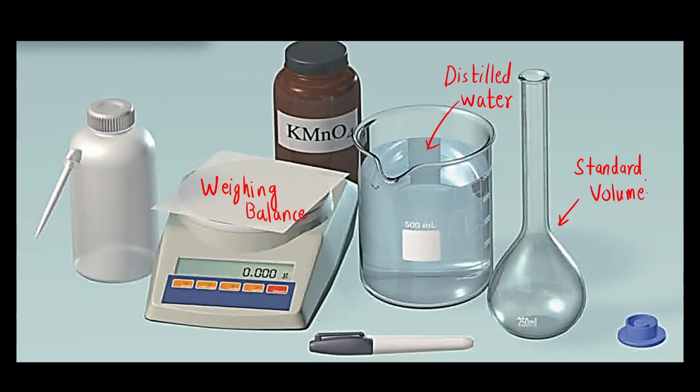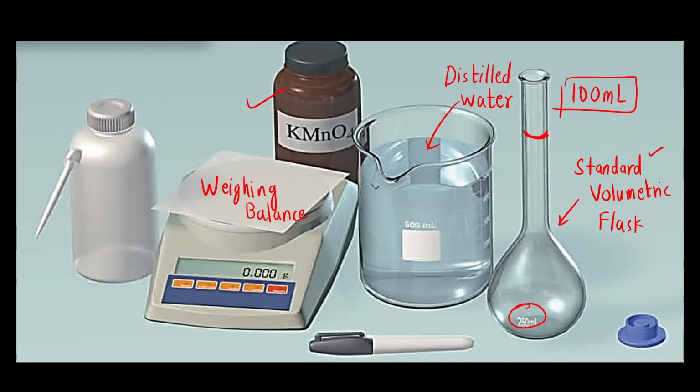What is the use of this? Why are we specially using this flask? Standard means it is calibrated, which means there is a fixed marking on every volumetric flask. This is a 250 ml flask, but we need only 100 ml, so we will take a 100 ml volumetric flask.